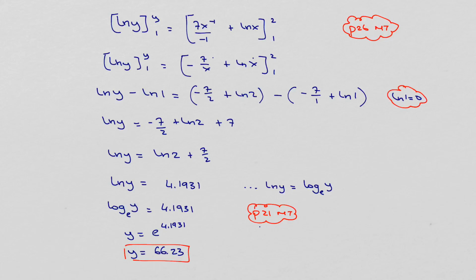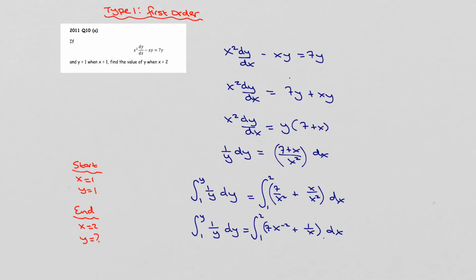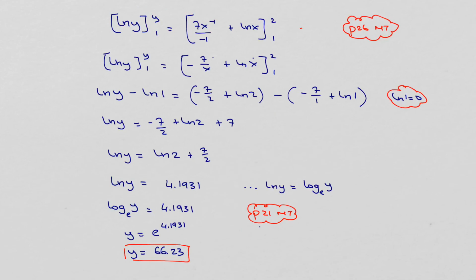So again, if we break down the marks, this was a 20 mark question. And we were getting 5 for setting up our equation, and 5 then for integrating, and that's for both sides.